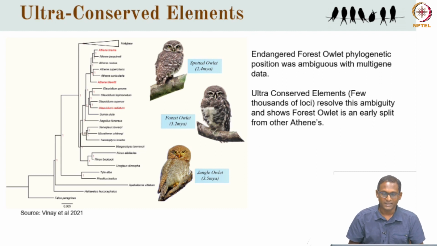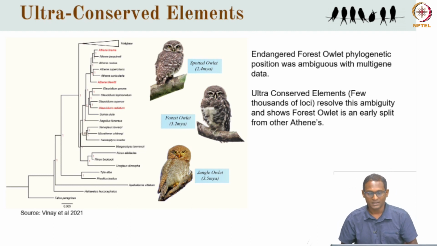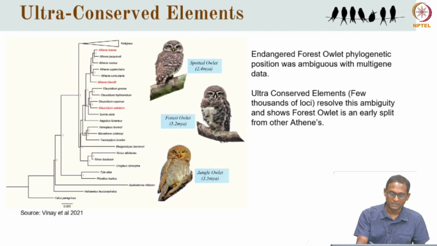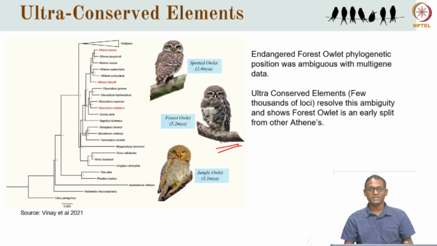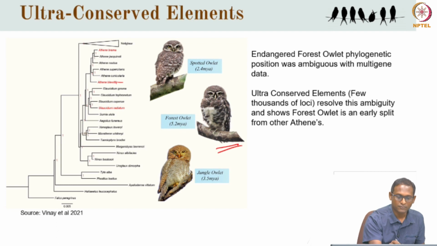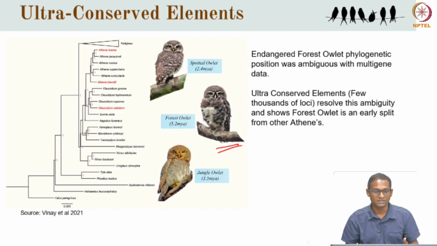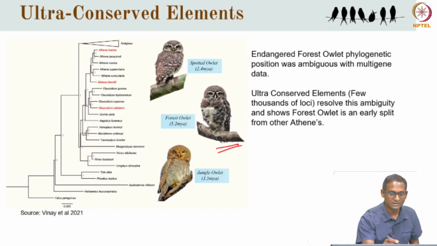Here's an example again from my lab. Vinay created this data, and this was in collaboration with several other authors. The point relevant for this example is that we wanted to look at the forest owlet, and in the previous iterations which used multi-gene data, it was ambivalent where Athene, the forest owlet, was with other Athene.